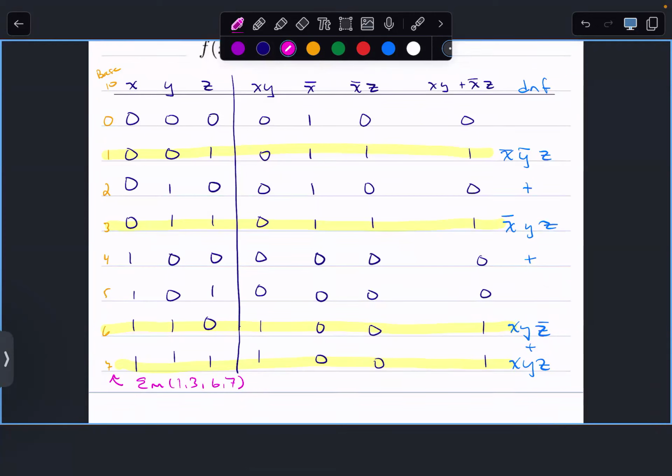How's that? For 5 marks. Pretty good. Okay. Any questions about that one? Or Boolean algebra in general, I guess?